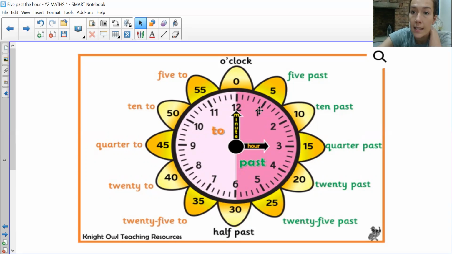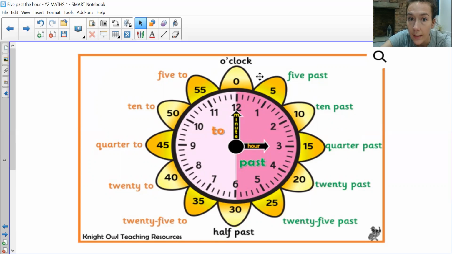Each of these on our side today have the word past at the end of them. We've got 5 past, 10 past, quarter past that we've done, 20 past, 25 past, and then half past, like we did earlier last week.